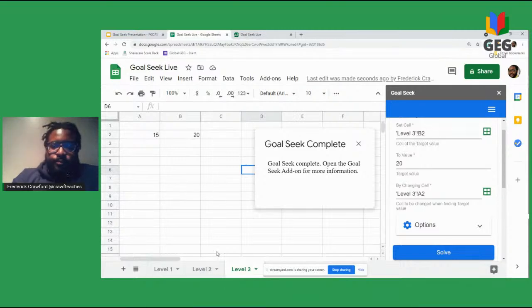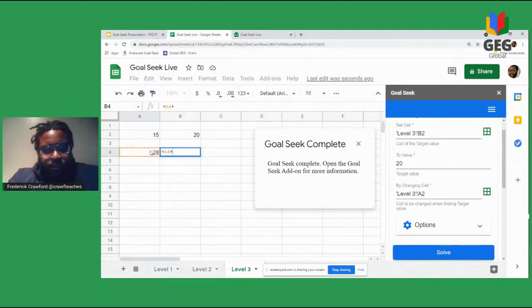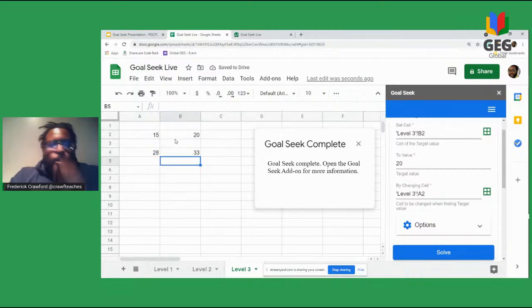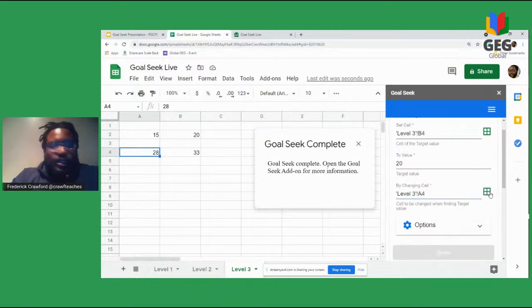All right. So let's go ahead and just try 28 right here. Let's just try to rewrite the equation. Now this time around, I'm going to set my cell here. Now I'm going to do my changing cell right here. And let's solve.